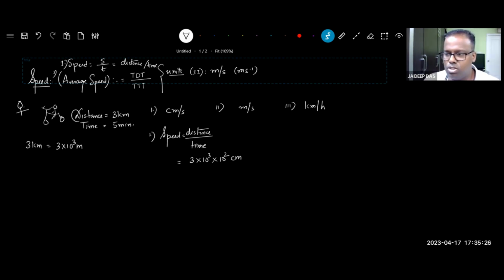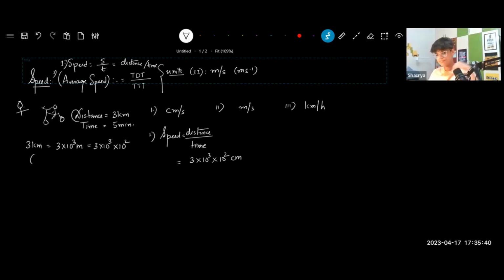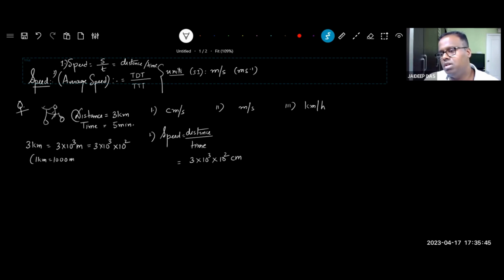Now, meters to centimeters: 1 meter is 100 centimeters. So it becomes 3 into 10 to the power 3 so many meters, and now this becomes centimeters. Have you understood? If still confusing, 1 kilometer is 1,000 meters and 1 meter is 100 centimeters.